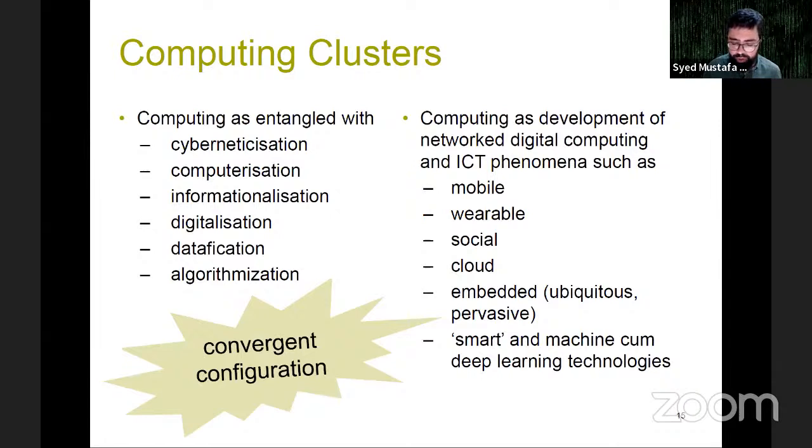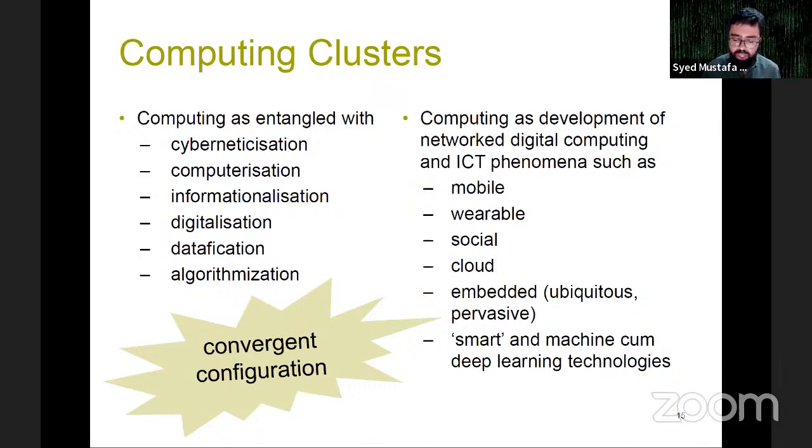Furthermore, I suggest that computing should be seen as entangled with a cluster of historical processes, including cyberneticization, computerization, informationalization, digitalization, and more recently, datafication and algorithmization, and associated with the development and deployment of networked digital computing and ICT phenomena such as mobile, wearable, social, cloud, embedded (that is, ubiquitous and pervasive), smart, and machine-cum-deep learning technologies, importantly, in increasingly convergent configuration.